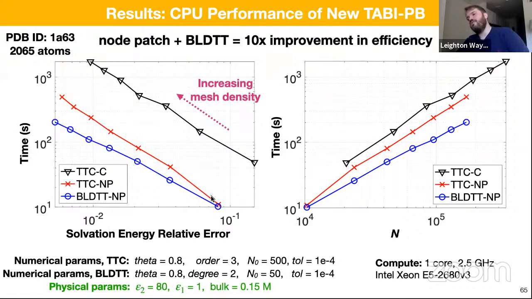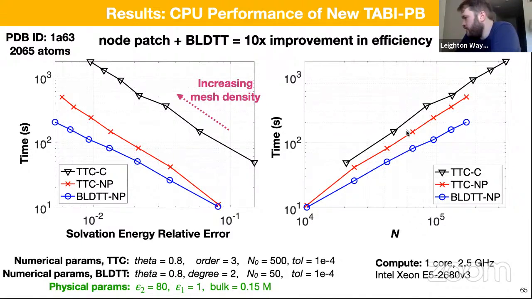In fact, you can see that these lines have an n log n slope, and this line has a slope corresponding to O of n. So replacing the Taylor tree code with the BLDTT, we go from O of n log n for our matrix vector approximation to O of n.